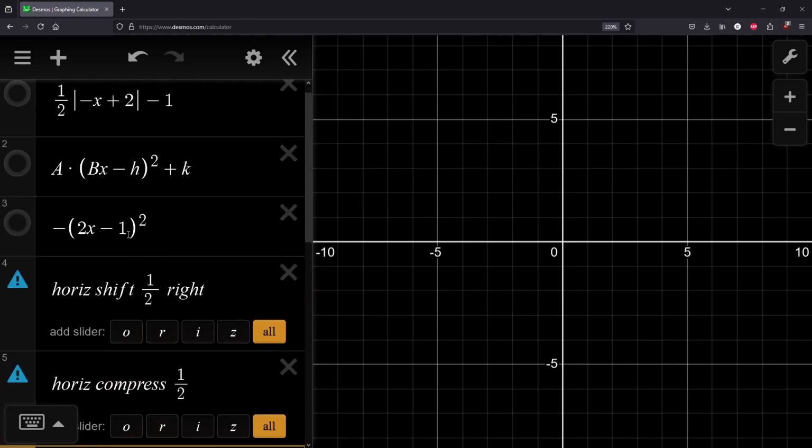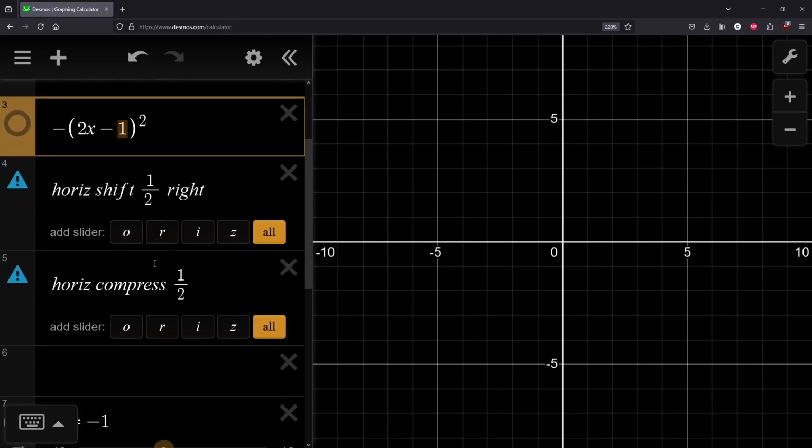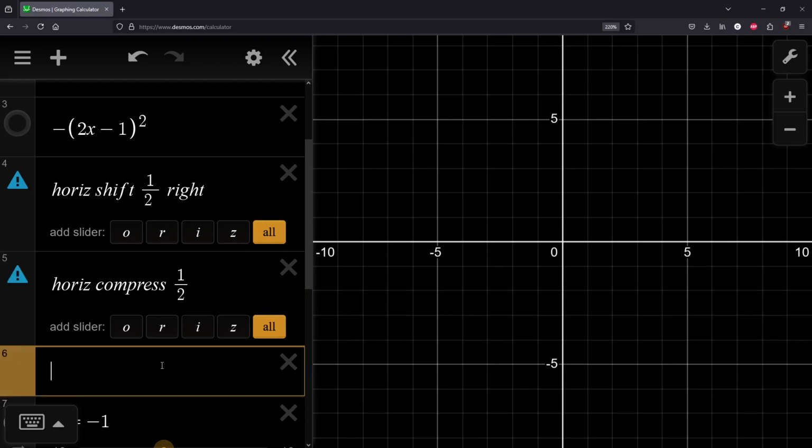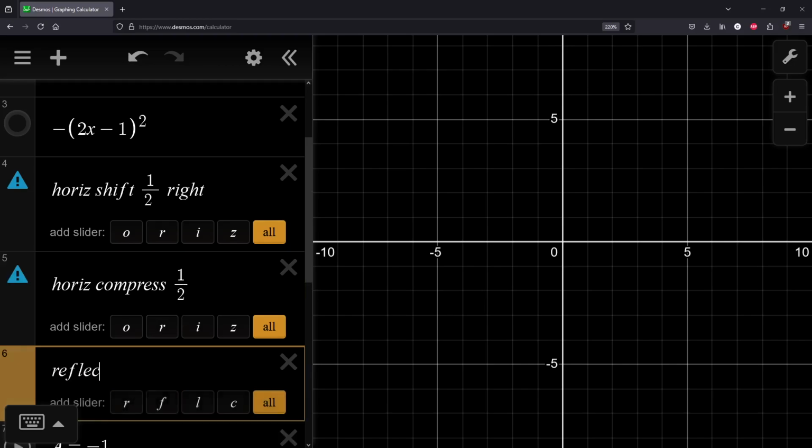It's just by chance that this is 1. So we have 1/2 and 1 divided by b. So you have 1/2. We want to reflect over the x-axis because the negative's on the outside this time. And these are my 3 transformations.